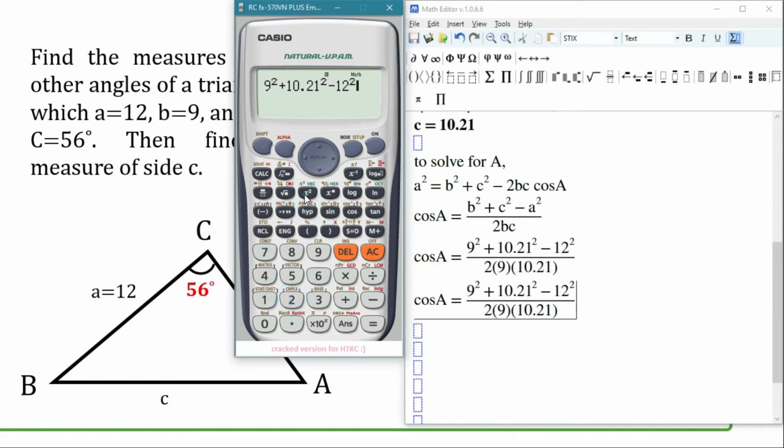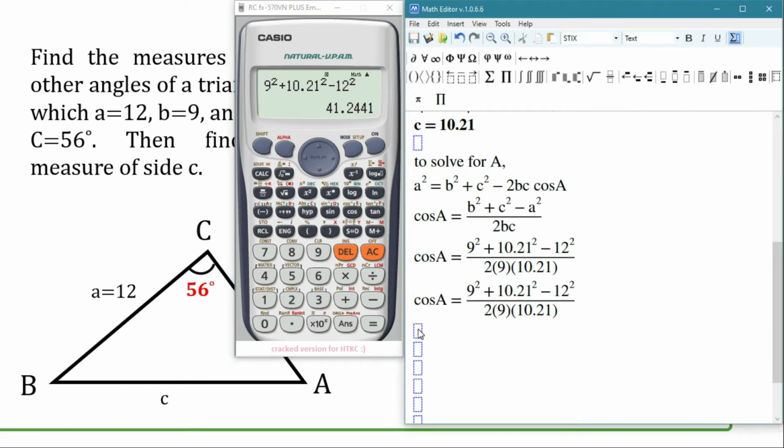Or pwede naman isa-isahin ninyo kung gusto ninyo. Okay? But I would prefer na ganito para mas madali. So that is 41.2441. Okay. And then simplify naman natin yung baba.